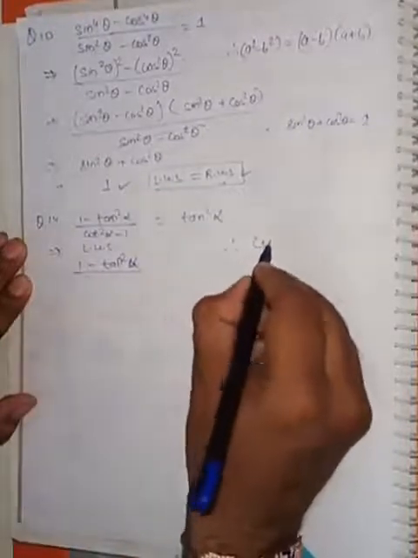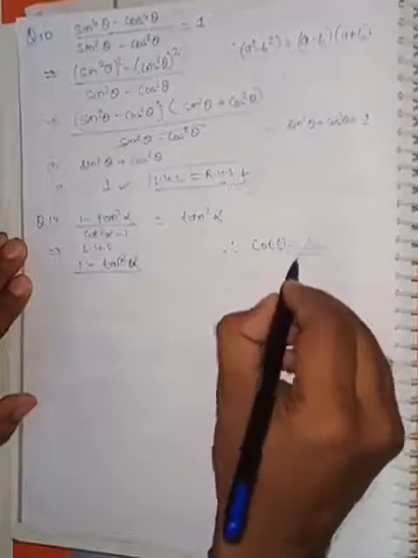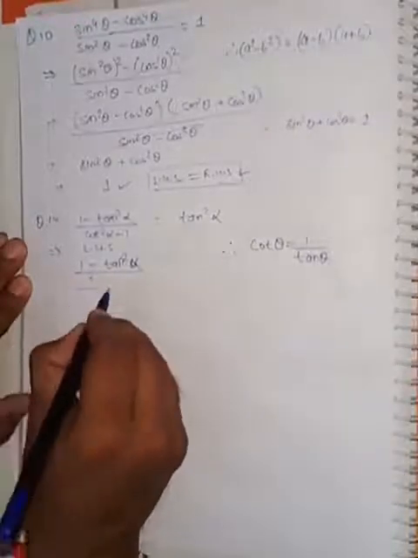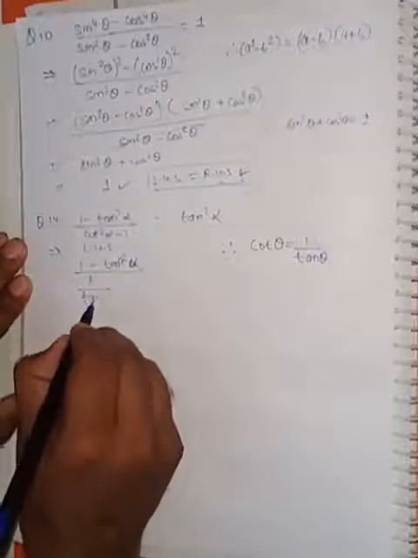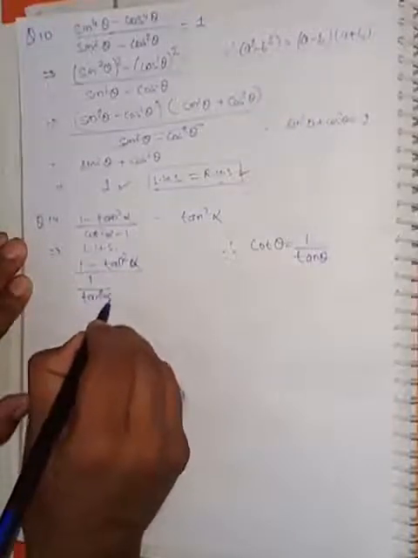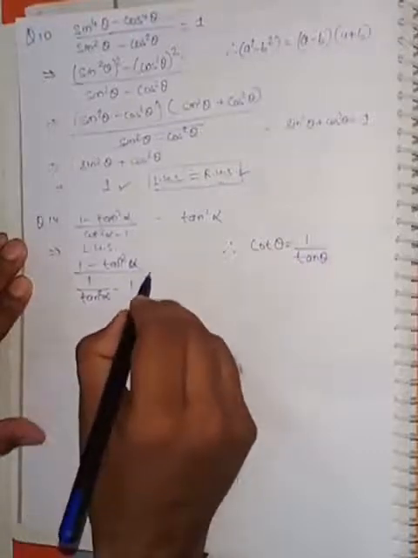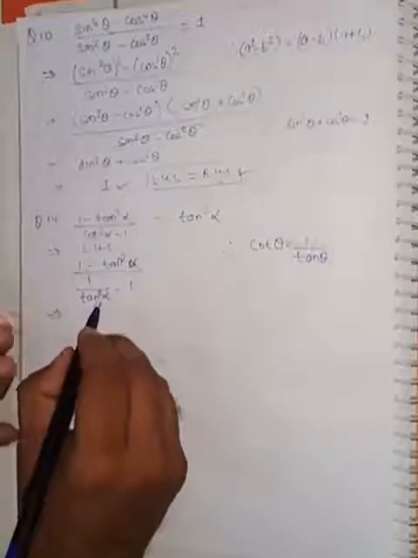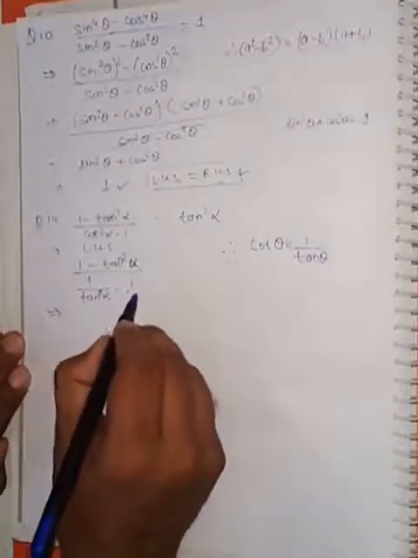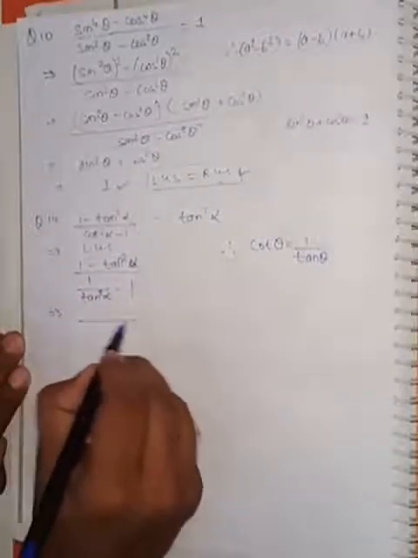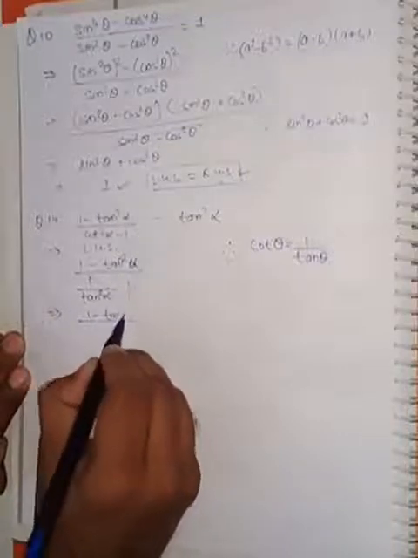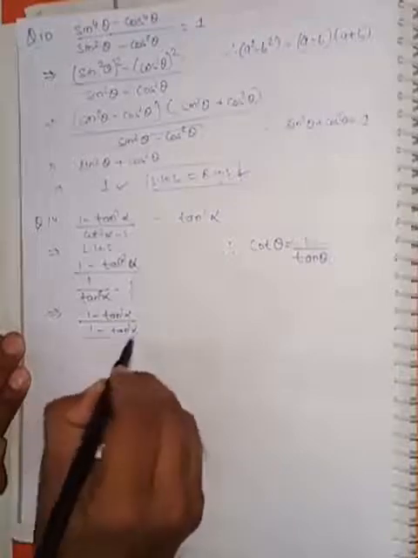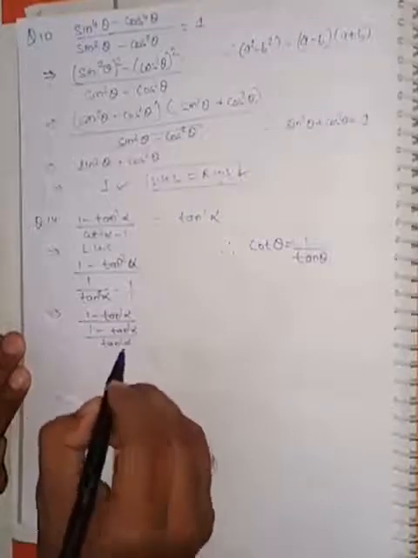We know that cot theta is the reciprocal of tan theta, so we can write cot square alpha is equal to 1 by tan square alpha, minus 1. Taking the LCM, I write 1 minus tan square alpha divided by tan square alpha.